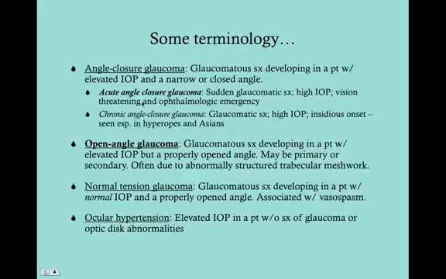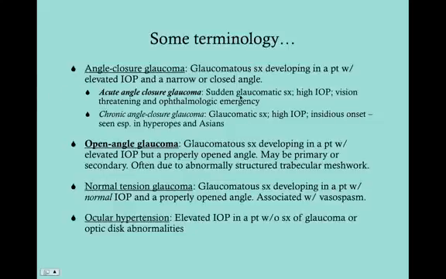So this is much different from the rest of these processes, which are more insidious. In these patients, they'll have a high intraocular pressure, usually in the 40s, 50s, and 60s and beyond. And remember, normal intraocular pressure is 12 to 20 millimeters of mercury, so very high intraocular pressure. And this is a vision-threatening and ophthalmologic emergency.